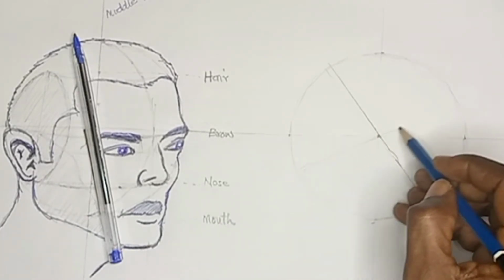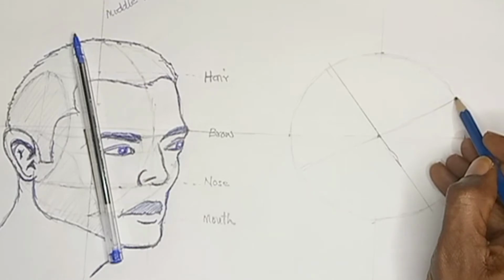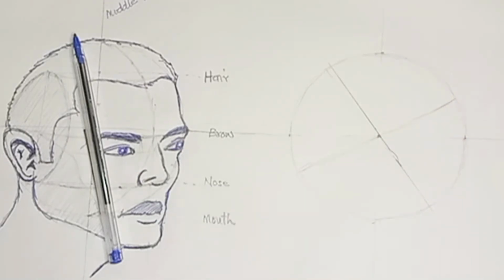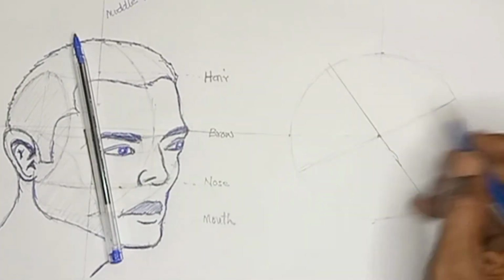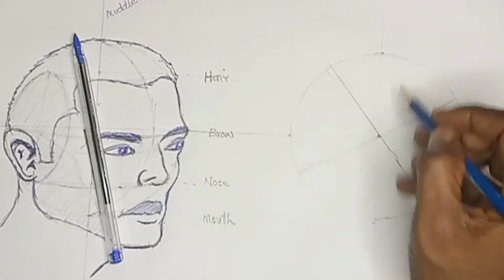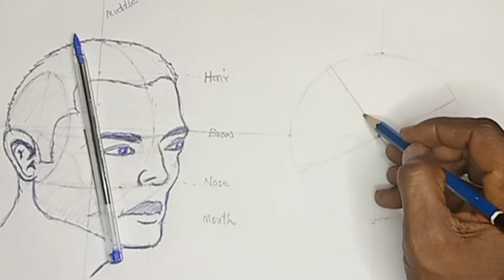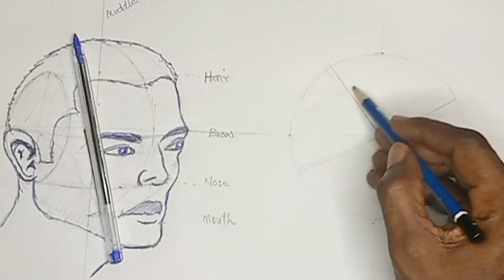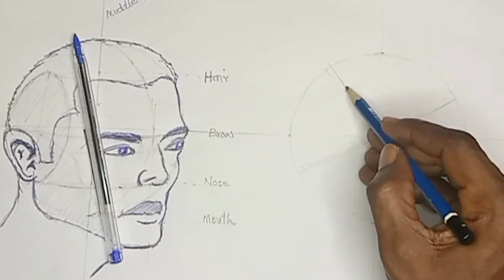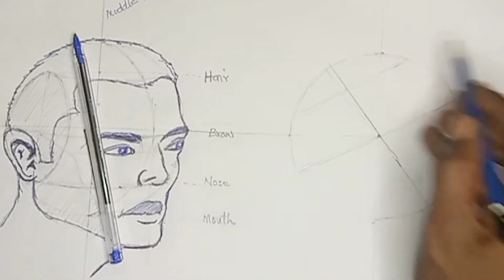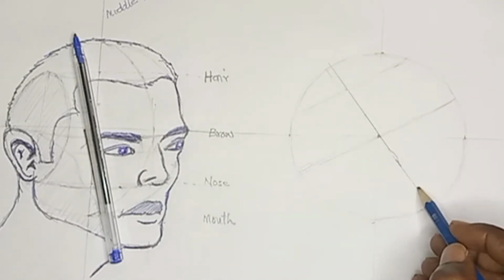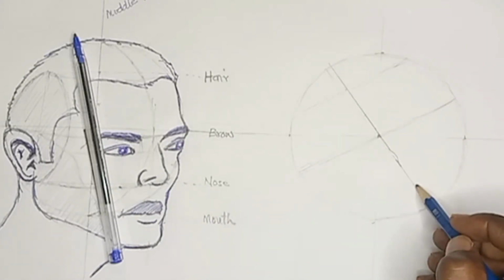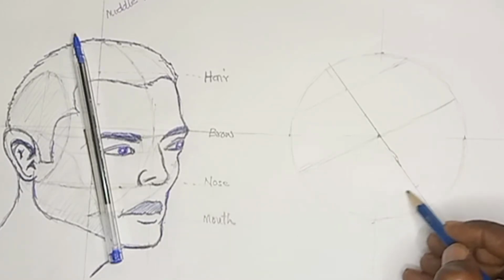But the same procedure, the same steps. Nothing has changed. The same procedure, dividing that into 3 parts to get a square.